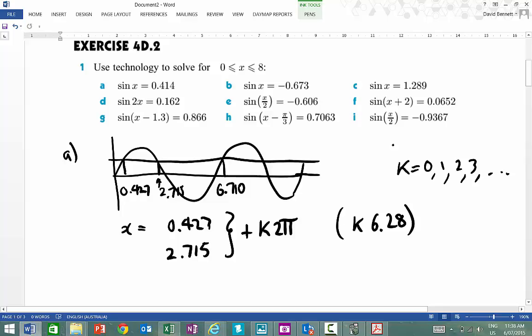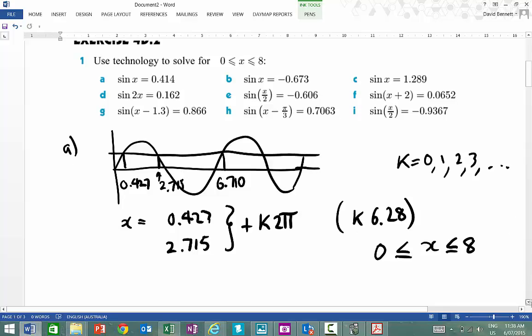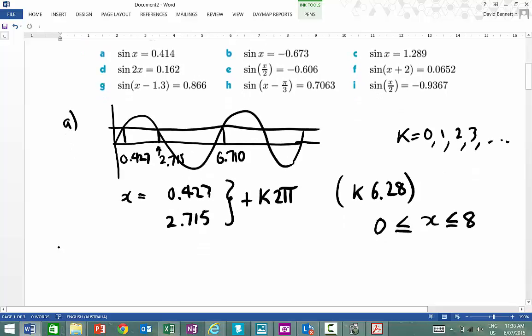Now k is a constant value, so k can have a value of 0, 1, 2, 3, etc. And all I need to know is that my x value has to lie between 0 and 8. That's what I'm considering here. So when k is equal to 0, my values for x are 0.427 and 2.715.